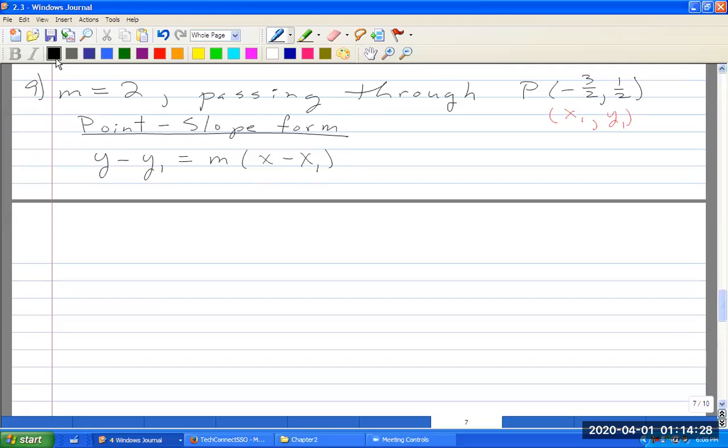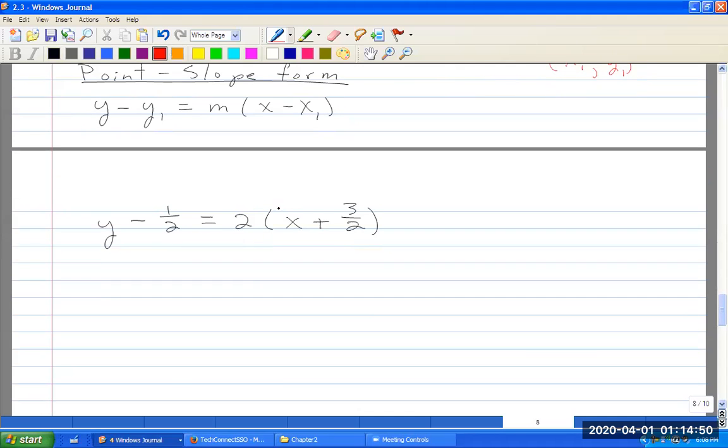And so I have y minus y1 equals m times (x minus x1). Subtracting -3/2 is the same as adding 3/2. Let me multiply 2 inside the parentheses. And so if I do that, I get y minus 1/2 is equal to 2x plus, the 2's cancel, 3.